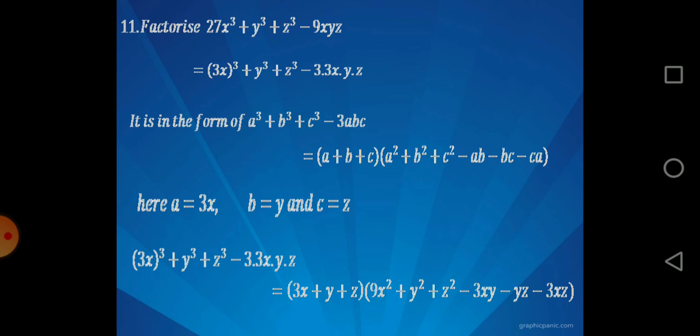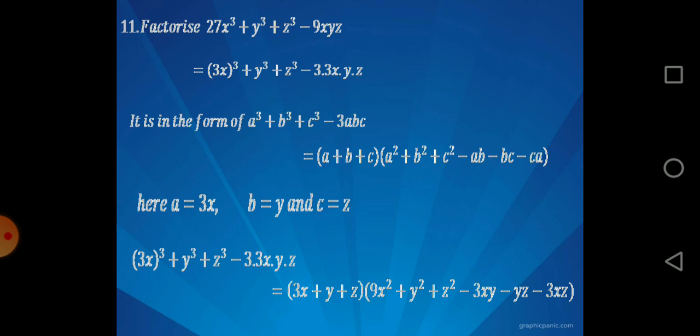So children, it is in the form of a cube plus b cube plus c cube minus 3abc is equal to a plus b plus c of a square plus b square plus c square minus ab minus bc minus ca. Here a is equal to 3x, b is equal to y and c is equal to z.